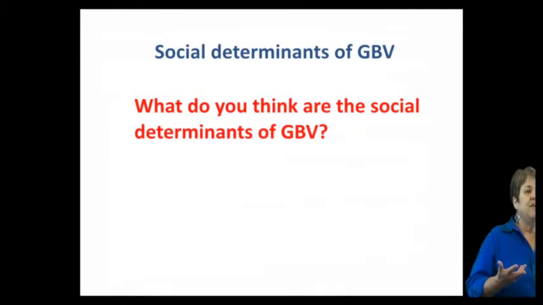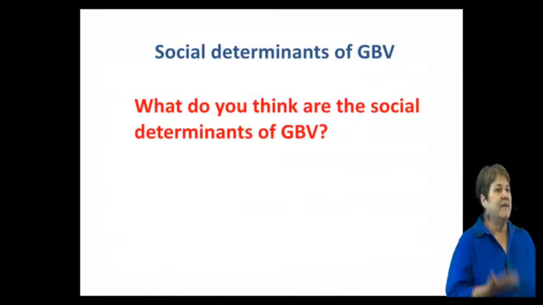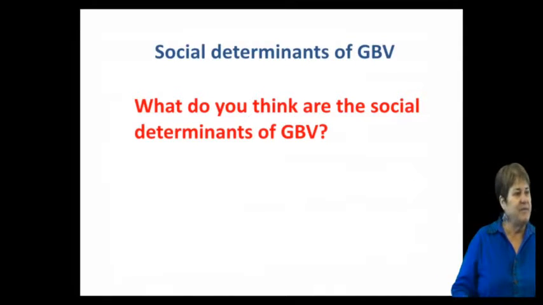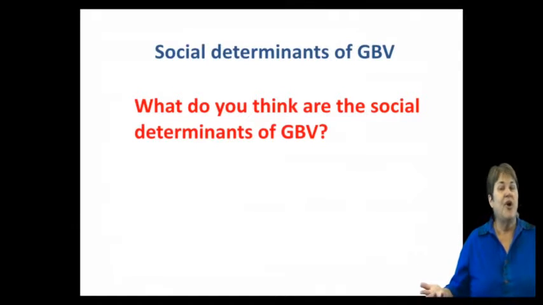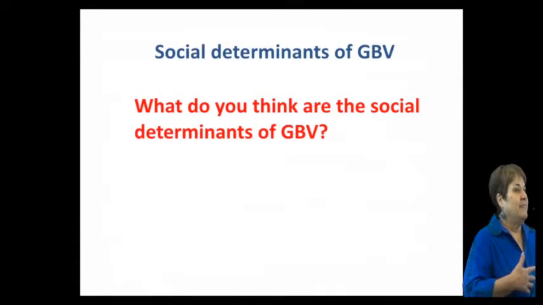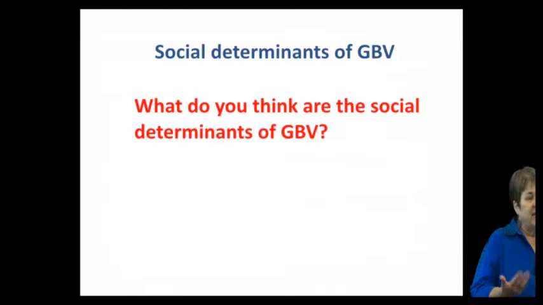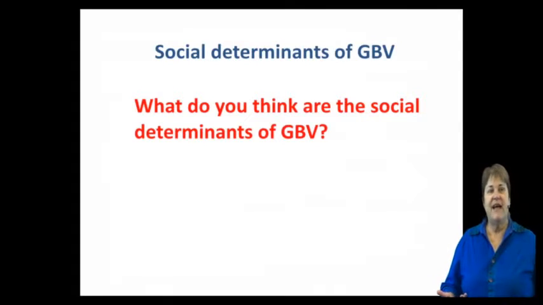Other determinants include poverty. Although gender-based violence happens in rich communities as well, sometimes people feel there's no hope for the future, so they engage in substance abuse, and that often goes along with gender-based violence.